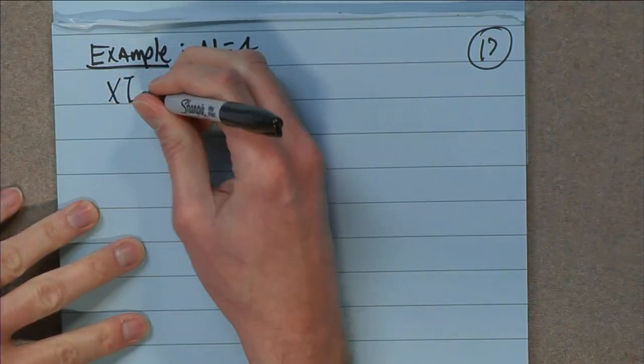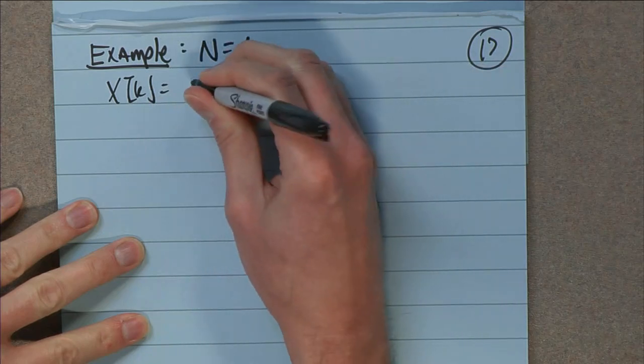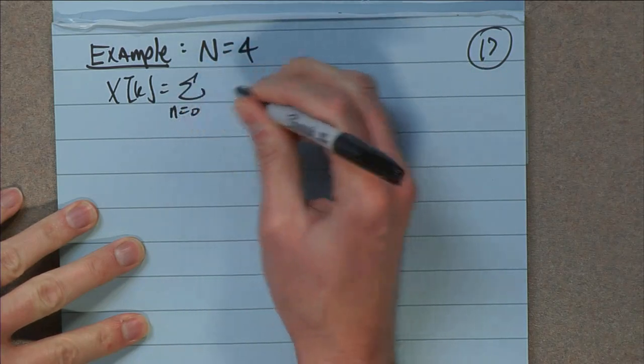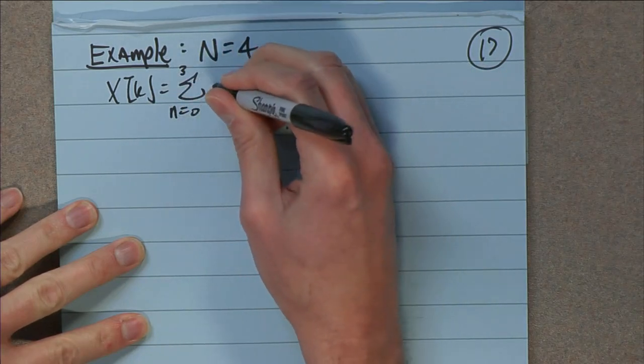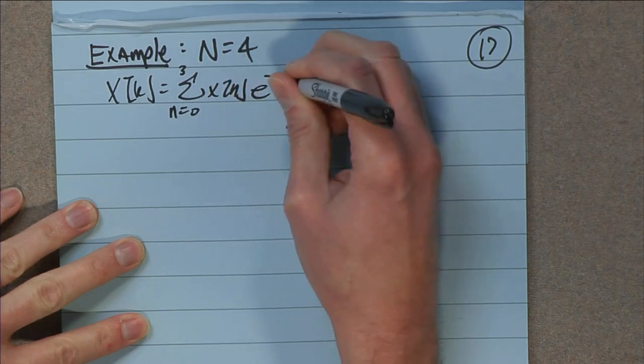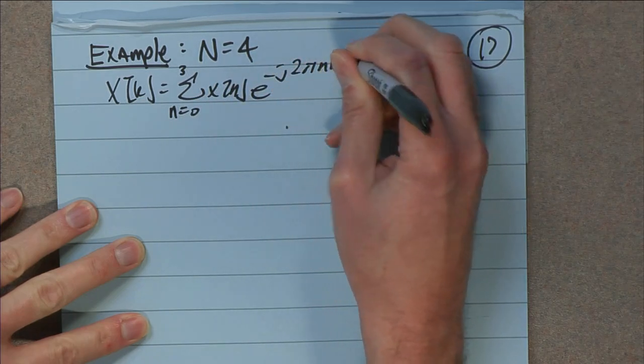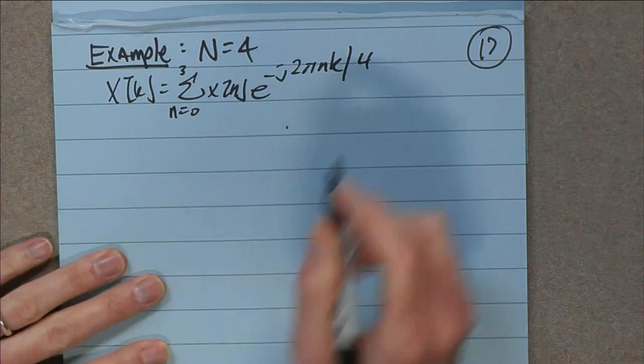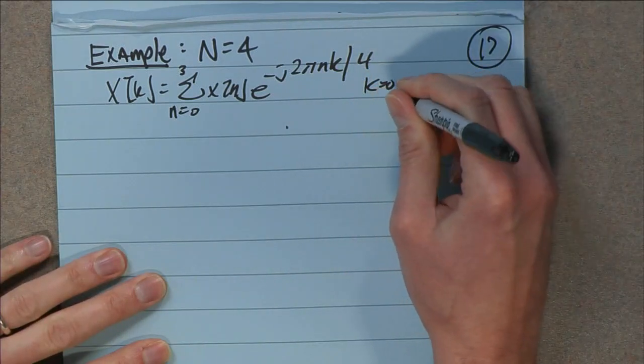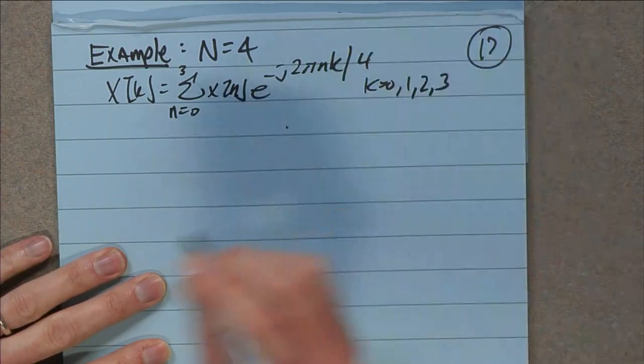So if we've got x of k, and we'll have n equal to 4 so we can see how it all plays out. We've got 2 pi nk over 4, right? And k is 0, 1, 2, and 3.